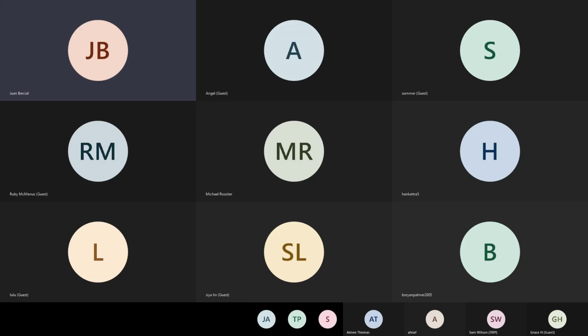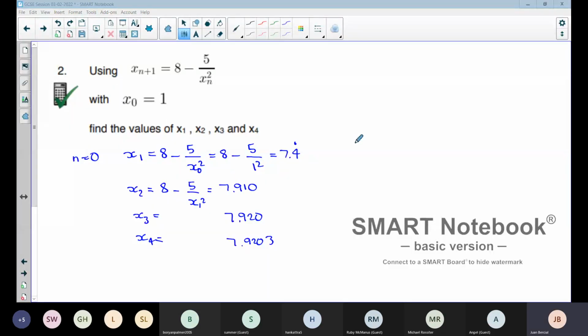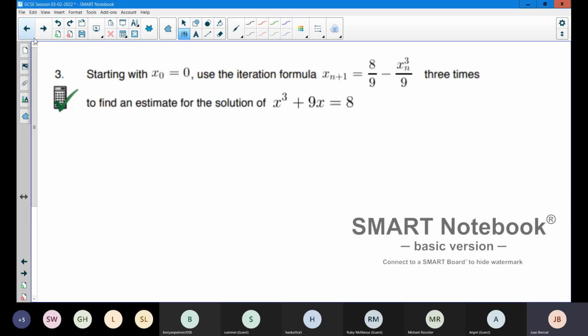I have kept track of what we did. We started with the very first one, 7.4. I put it on the ANS, it gave me that. I put x3, 7.920, and x4, you got 7.9203. So it's just how to use the calculator effectively.